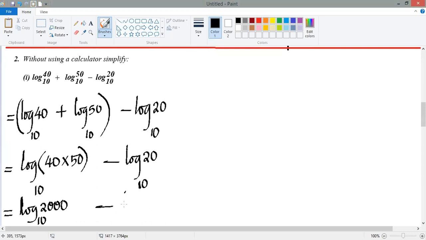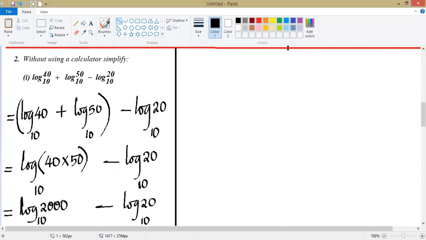Base 10 minus the log of 20 base 10. Now we are at a point when it's subtracting. So what will be the next step? What will happen to log of 2000 minus log 20?